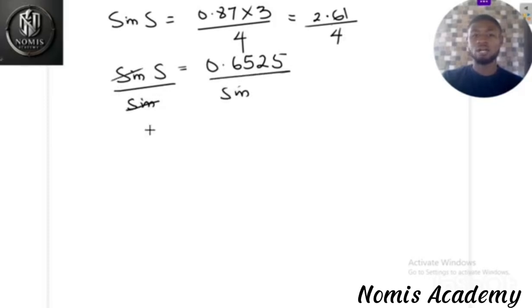So angle S is equal to sine inverse of 0.6525. So find sine inverse: take your shift, sine, 0.6525.